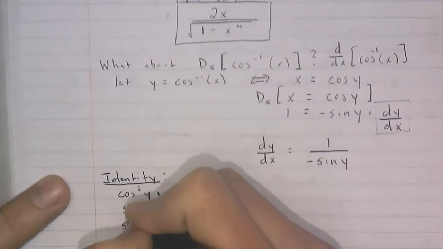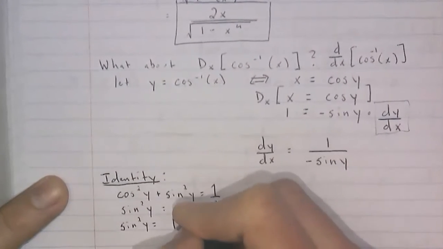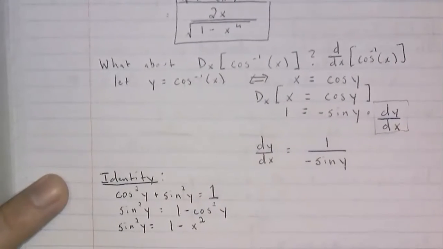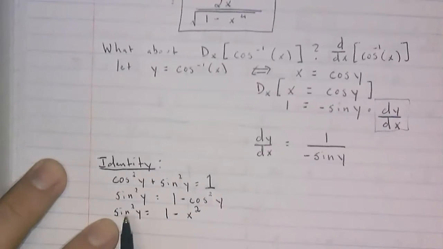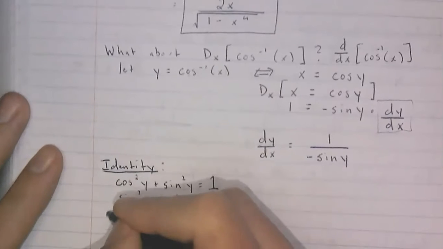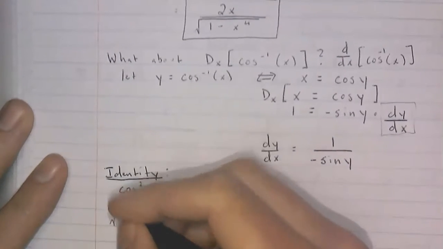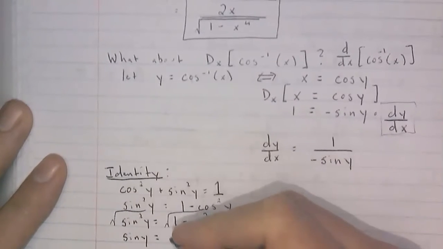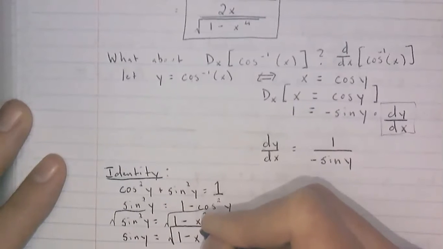We can rewrite this as the sine squared of y is equal to 1 minus x squared. We don't particularly care about what the sine squared is. We just want the sine of y. Taking the square root on both sides, we get that the sine of y is equal to the square root of 1 minus x squared.